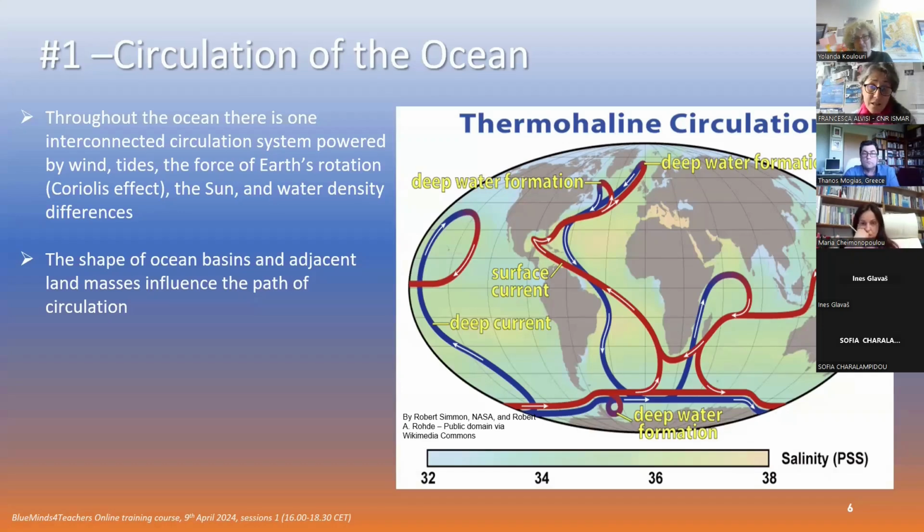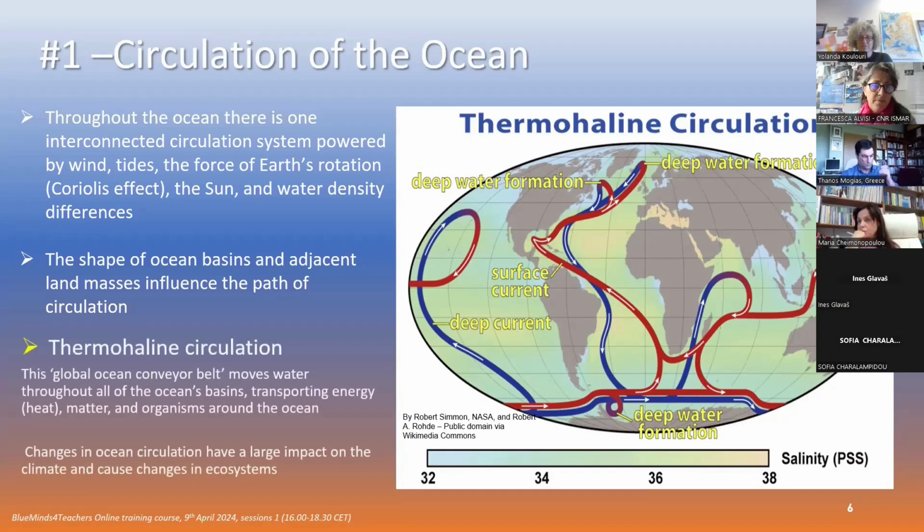So on the density, that has to do with the content of salt, so the salinity, but also on the temperature. So we have this main circulation system across the ocean that is called the conveyor belt, and is due to the thermohaline characteristic of the water. So the temperature and salinity determine the density of the system.